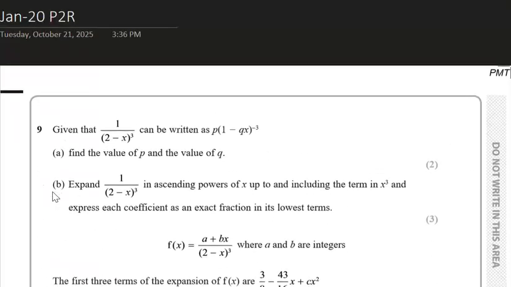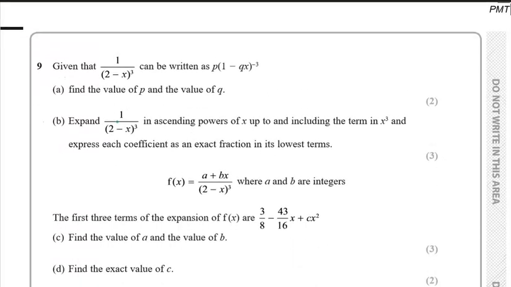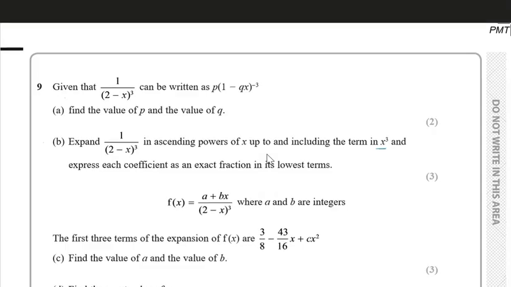So for part B, the very common question, we have to expand 1 by (2 minus x) cubed in ascending power steps up to and including the term in x to the power 3, and express each coefficient as an exact fraction in its lowest term.